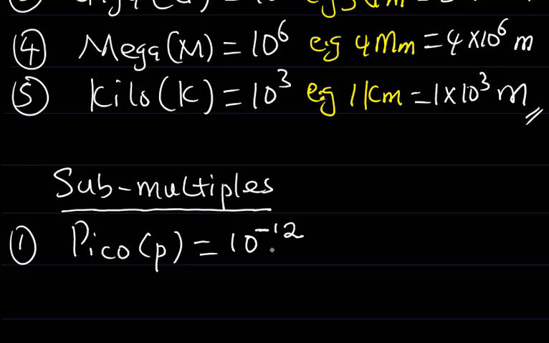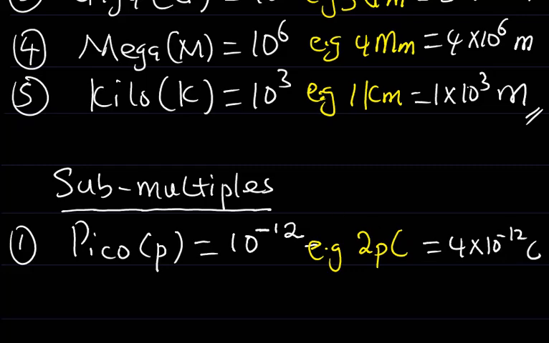So invariably, for example, 4 pico coulombs means 4 times 10 raised to the power of minus 12 coulombs.